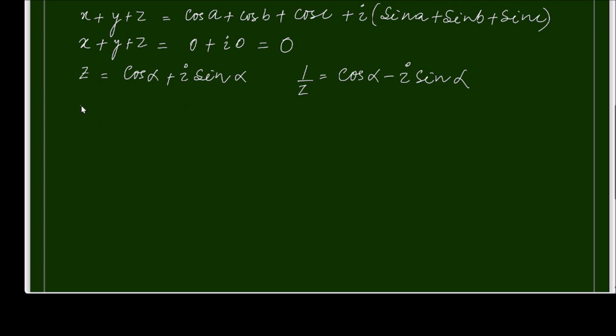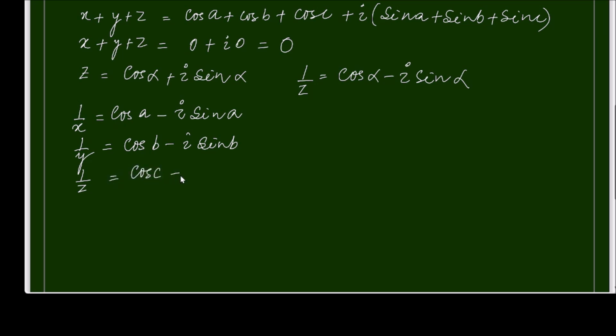So here 1 over x equals cos A minus i sin A. 1 over y is equal to cos B minus i sin B. And 1 over z equals cos C minus i sin C.